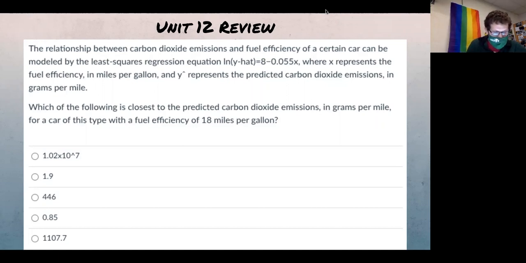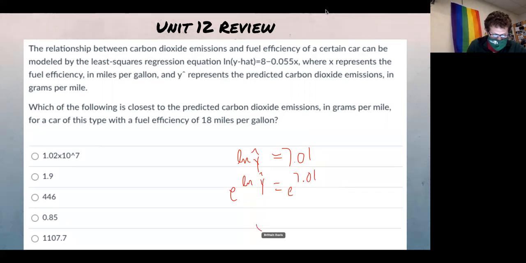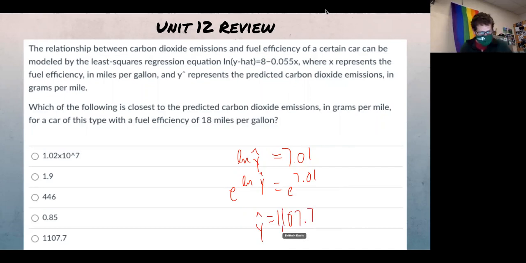And when you go through this, you're essentially solving on the right side, and you get 7.01 equals natural log of y hat. And that means we need to raise e to both sides. So e to the 7.01 gives us y hat, which in this case will be 1107.7. There's your answer.